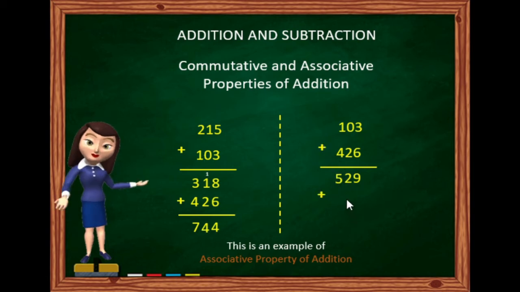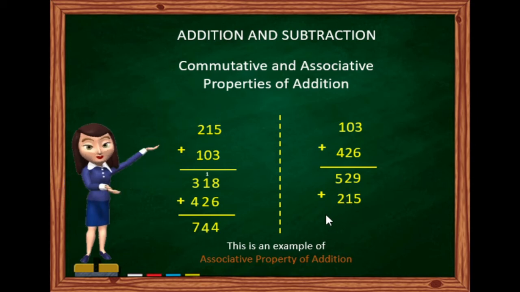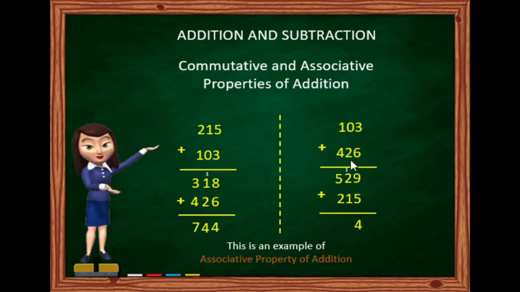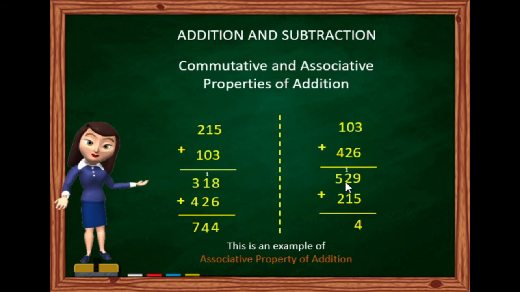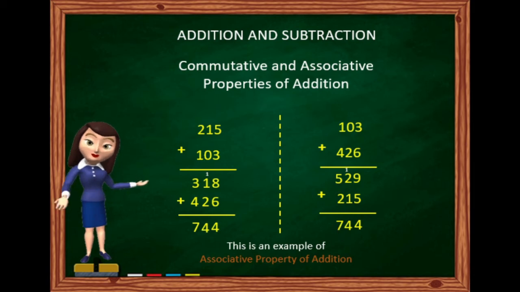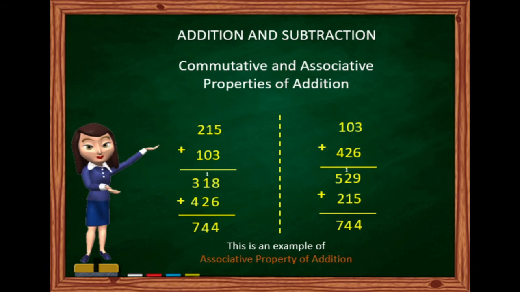Plus 215. 9 plus 5, you get 14. Bring down 4, carry 1. 1 plus 2, 3. 3 plus 1, 4. 5 plus 2, 7. Look, we still have the same answers, both right and left.